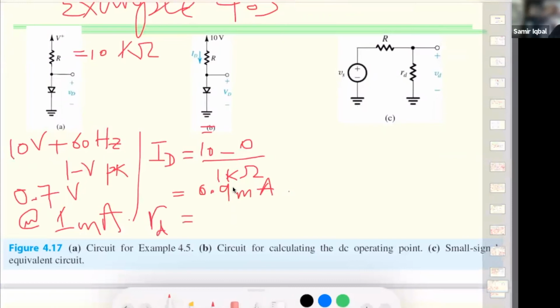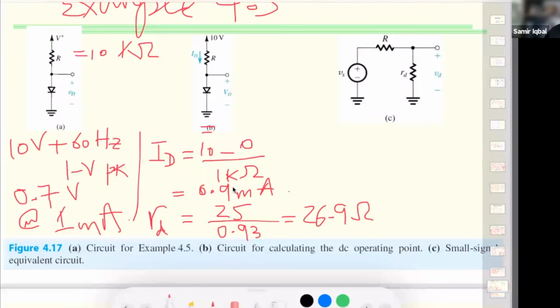VT is 25 millivolts, divided by the current that I just found. That tells me my RD is 26.9 ohms. So far, so good.